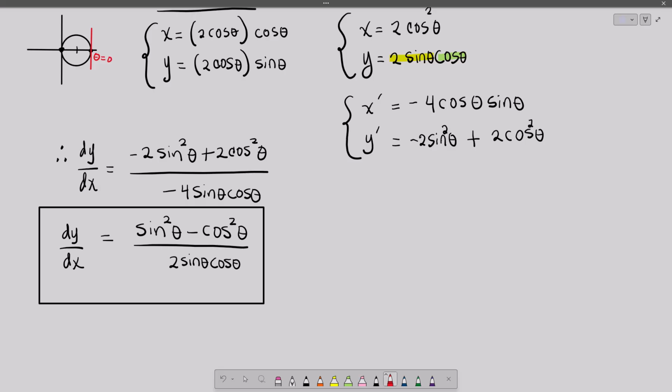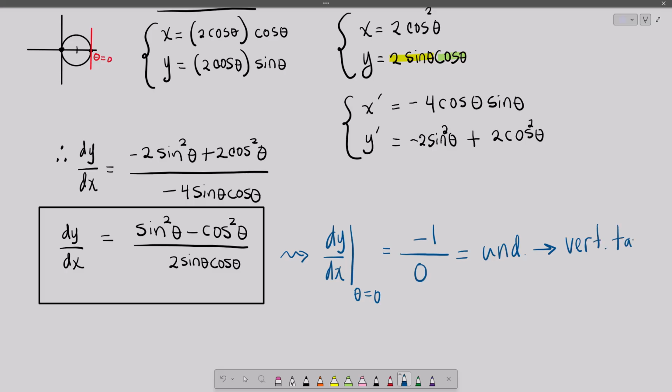If the point on the curve at theta equals 0 translates to a vertical tangent line, the derivative should be undefined. Let's check. We use the same notation that we use with parametric, the vertical line with theta equals 0. Sine of 0 is 0, so that's gone. Cosine of 0 is 1, so we're going to get negative 1 divided by 0, which is undefined. That translates to a vertical tangent, which is what we have at theta equals 0.